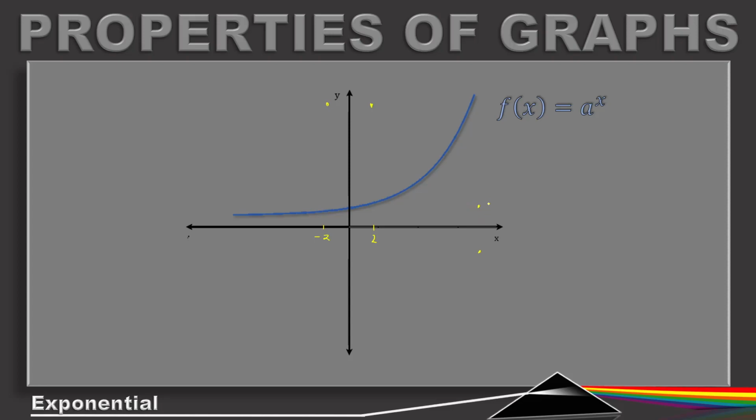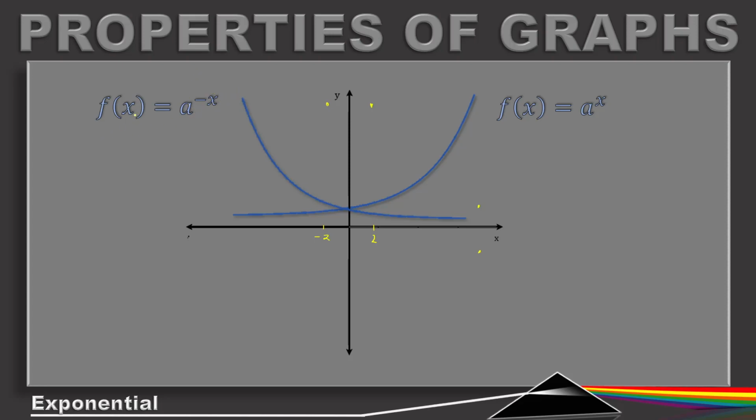So if it was a positive y there, it's going to be a negative y there, and the x value stays the same. So what happens if I reflect this graph in the y-axis? It's going to look like this, where it reflects in the y-axis, but my x value is going to change to a negative.